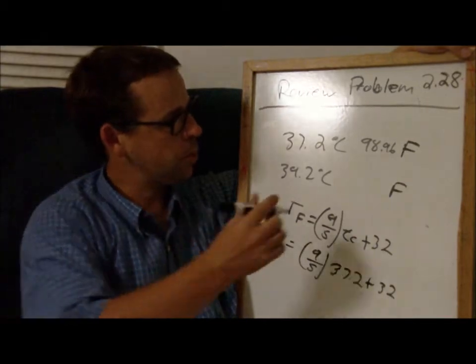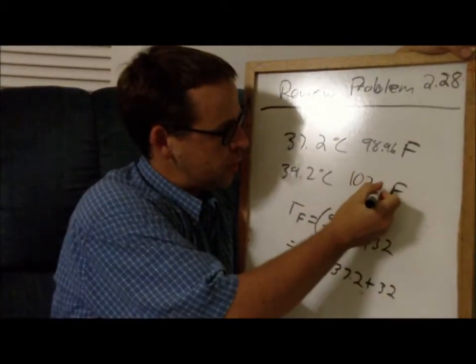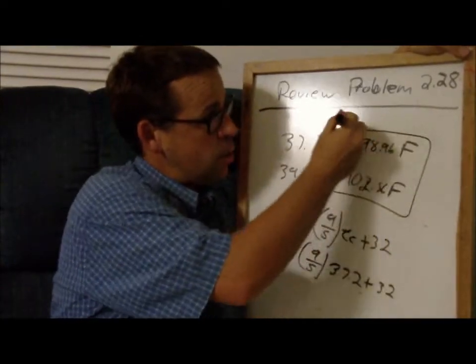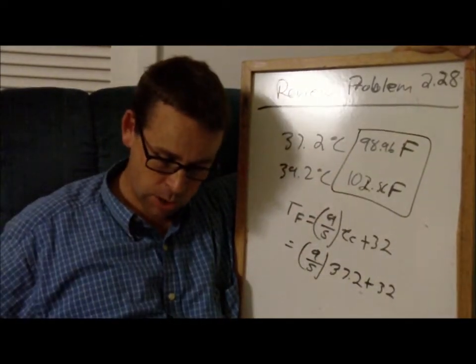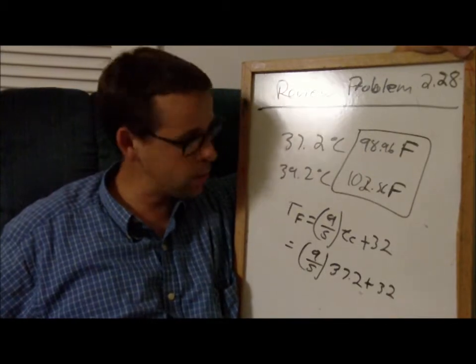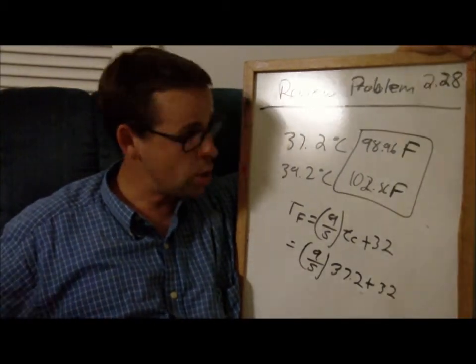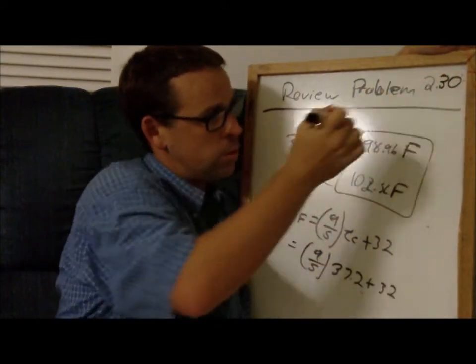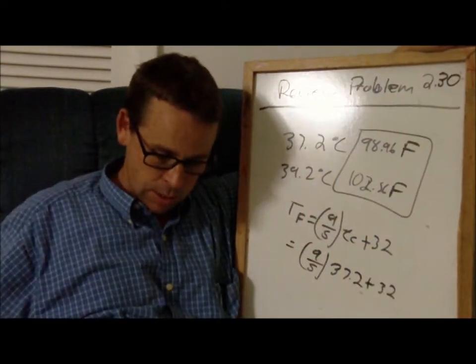There we go, 102.56 degrees Fahrenheit. So that's the range that a normal dog is. And the question is 103.5, is that within the normal range? And the answer is no. That was number 230.